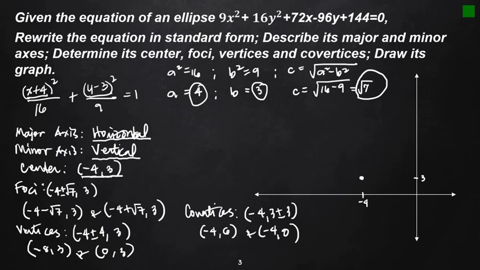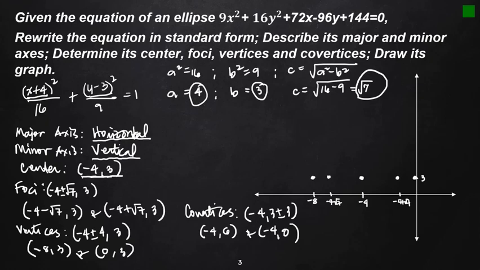The vertices are at -8, 3, and at 0, 3. Okay, so the foci are at -4 minus square root of 7, and -4 plus square root of 7. So this would be where our foci are located.